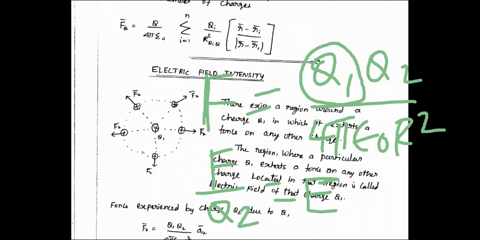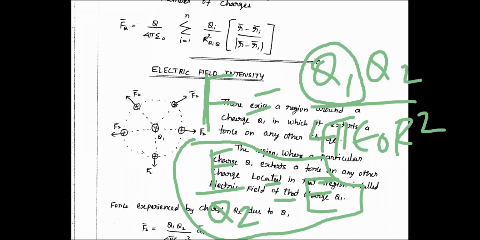It will give you the electric field at that point, because by definition, force per unit charge is called electric field. Please note down in your notes: what is the definition of the electric field? Force per unit charge.